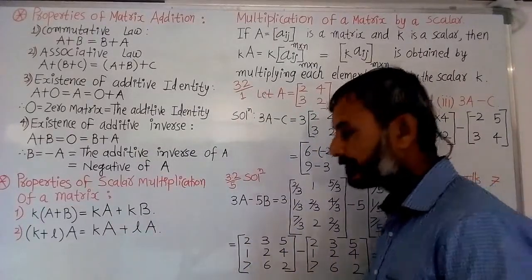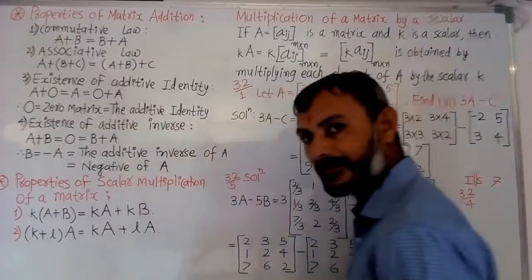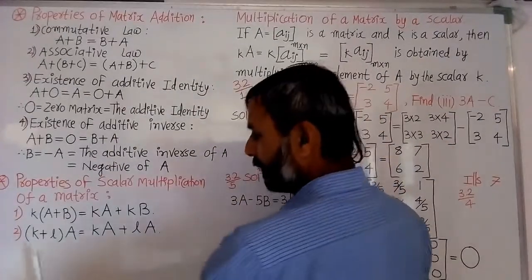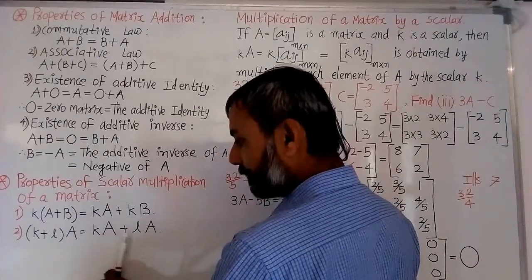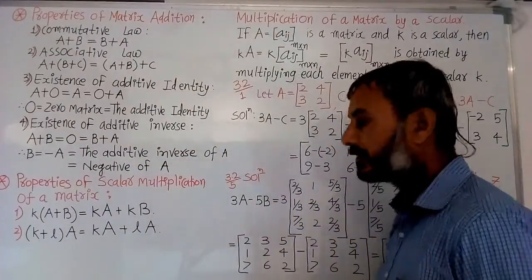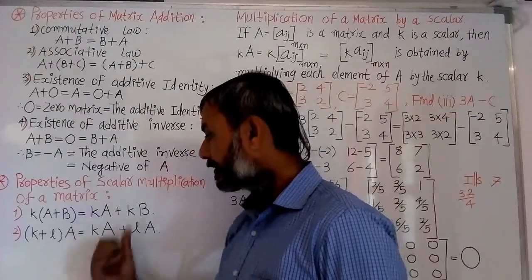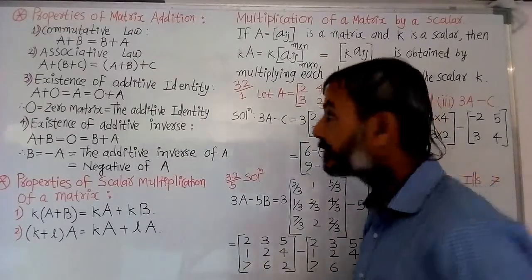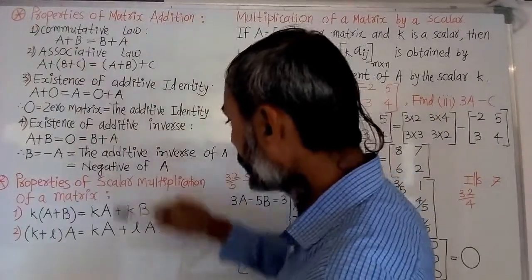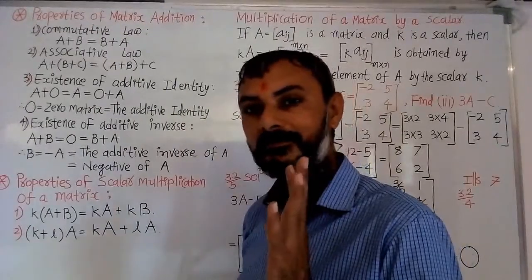Also, k plus l, where k and l are scalars, meaning any real numbers, k plus l into A is k into A plus l into A. So both are the same, this side or this side. So these are the properties of scalar multiplication. You have to write these properties and this definition 10 times.